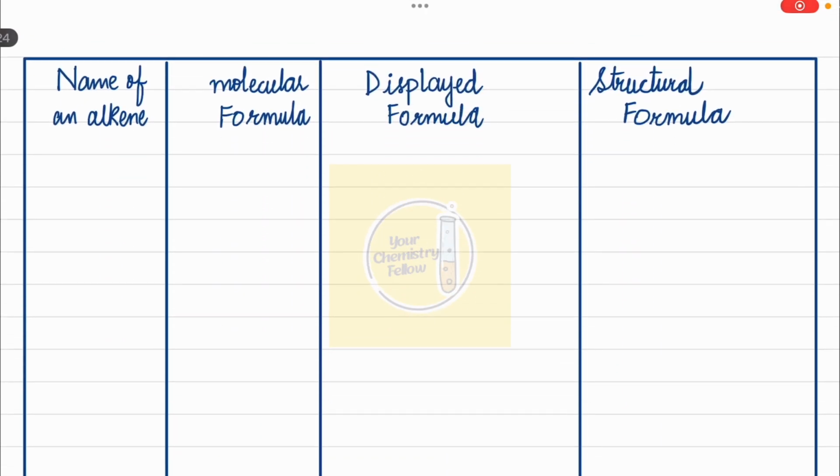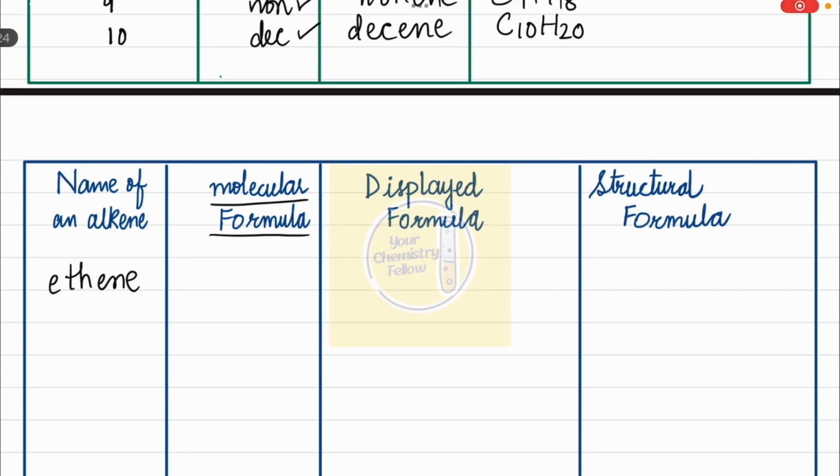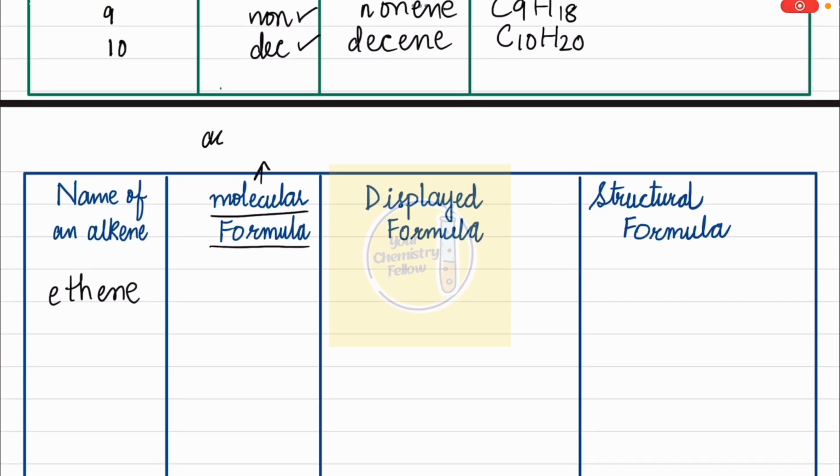Now, in this table, we will draw the displayed formula or the structural formula for the first 5 members of the alkenes homologous series. The first member is ethene. What does the molecular formula of a compound tell? It tells us about the actual number of atoms present in the molecule of a compound.